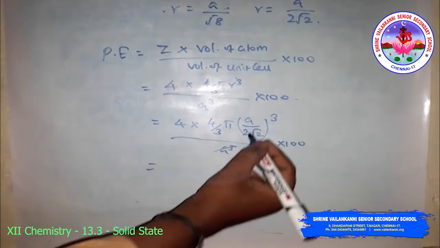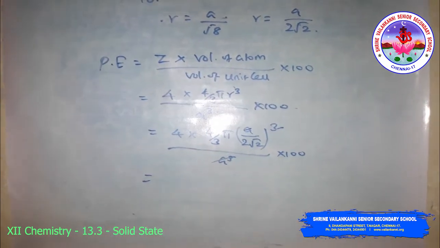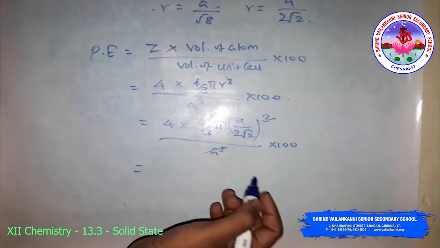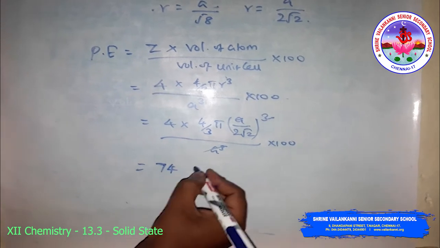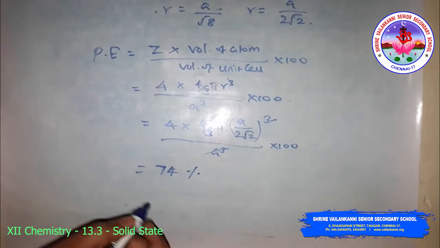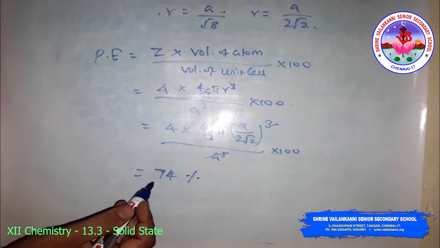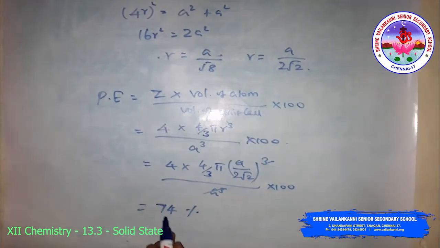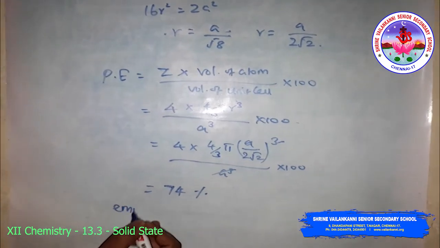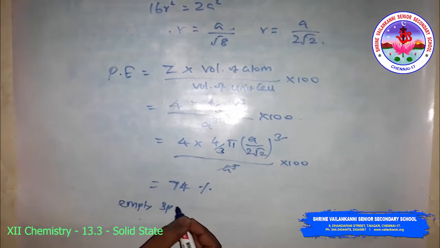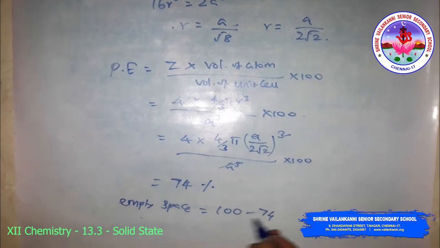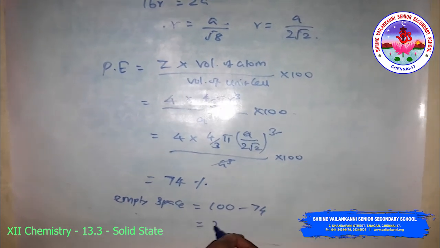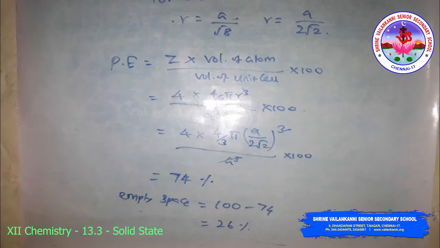Now a cube is cancelled. Then after simplifying we will get 74%. So packing efficiency for FCC, face centered cubic crystal, is 74%, and the empty space is 100 minus 74, so this is 26%.